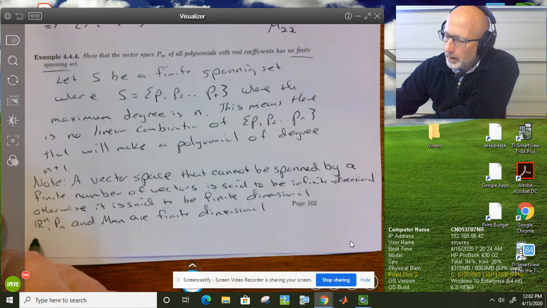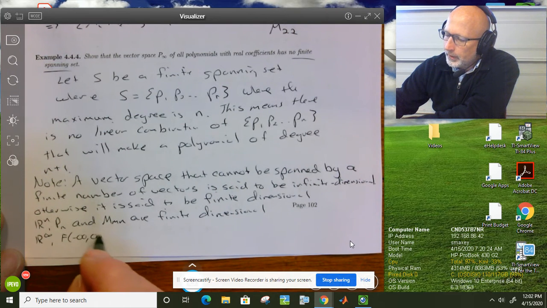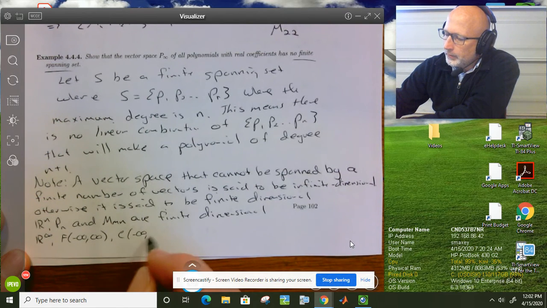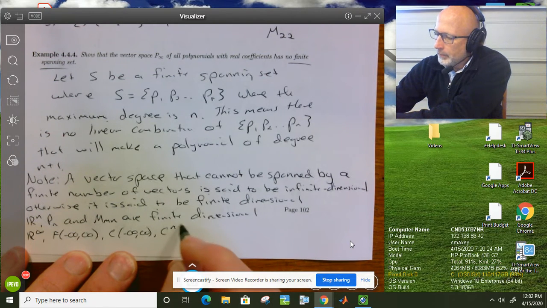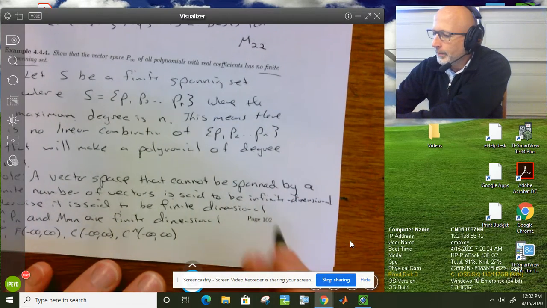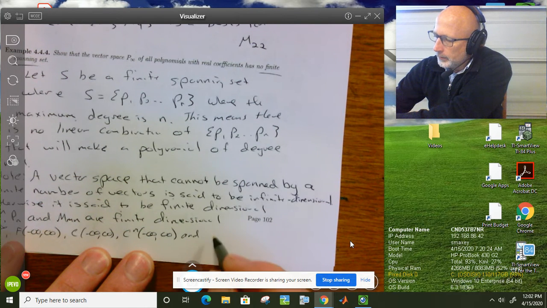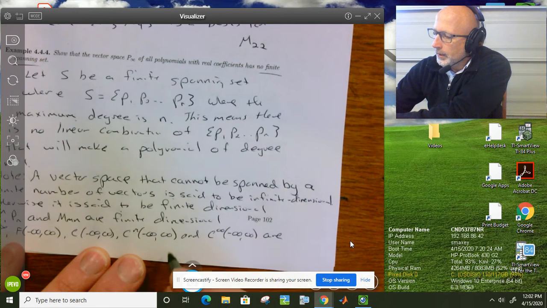I'm going to make the claim that R infinity, F from negative infinity to infinity, the set of all functions defined on the interval; C from negative infinity to infinity, the set of all continuous functions on that interval; Cm from negative infinity to infinity, m times differentiable or continuous on the interval; and C infinity from negative infinity to infinity are infinite dimensional.